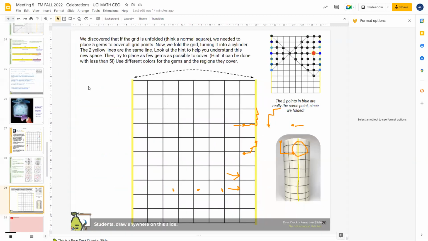And so the pair deck question, one of the most important for this pair deck is, we discovered that if the grid is unfolded like a normal square, 5 gems was the solution, right? We just saw this, but now we fold the grid and we turn it into a cylinder. So let me illustrate here, right?